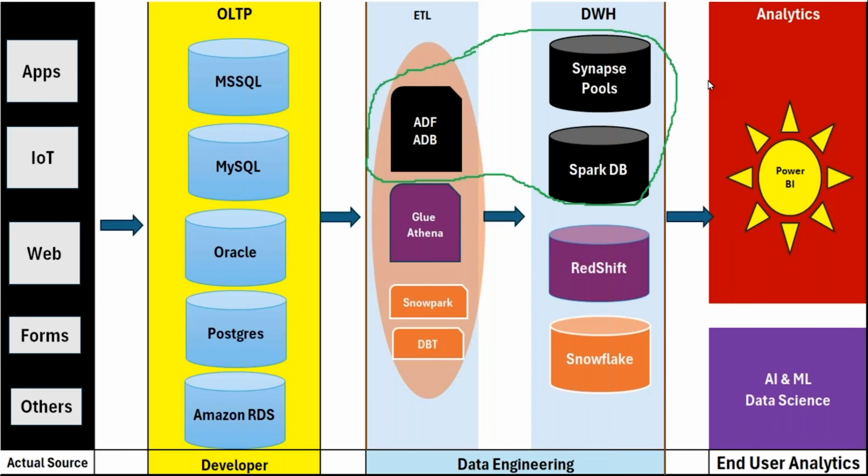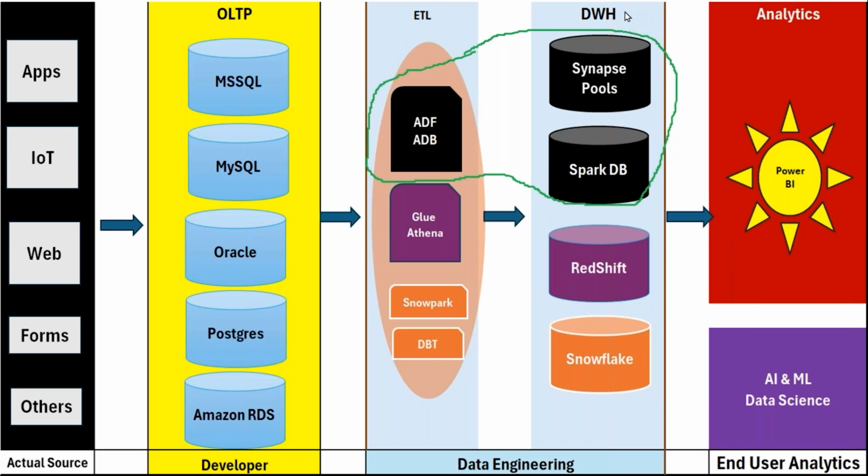On my screen now, we are into Azure Data Factory, the Microsoft ETL, and Azure Databricks, the open source databricks.com environment, ADB. So there are 2 ETLs, one Microsoft, one open source. Same way, 2 warehouse platforms: one Microsoft, Synapse, and open source, Spark.